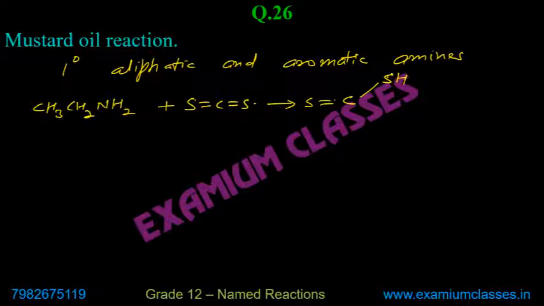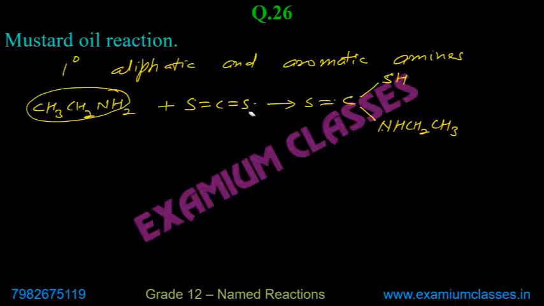The other bond of the carbon gets NHCH2CH3. So this way you will remember it. One sulfur attaches with hydrogen by a single bond, and on the other bond of the carbon, the amine group gets attached. After that, we get it reacted with mercuric chloride, HgCl2.